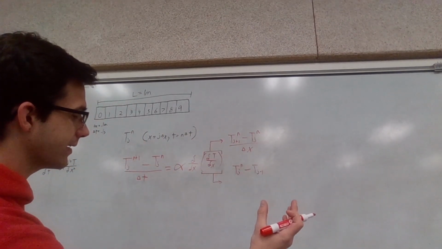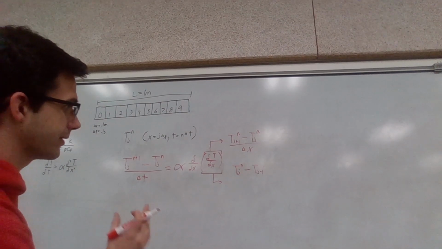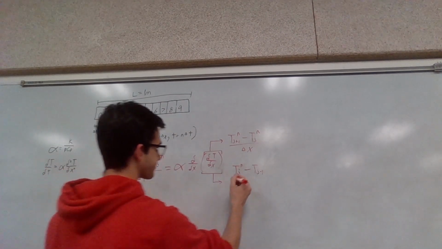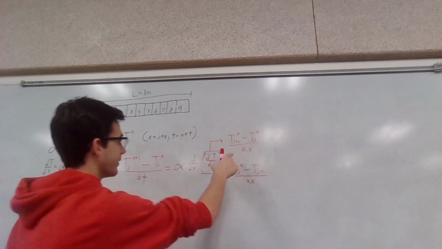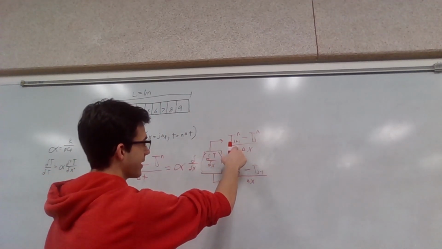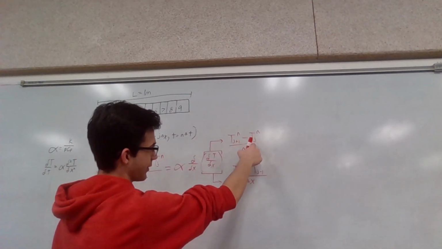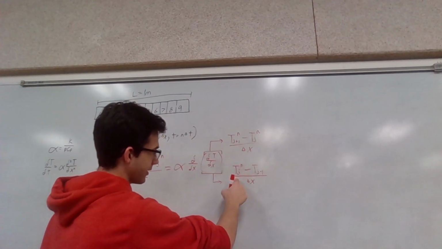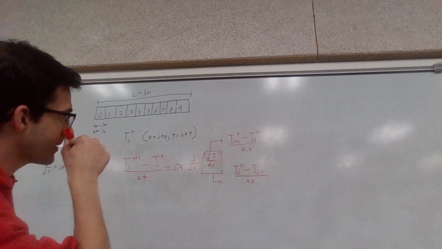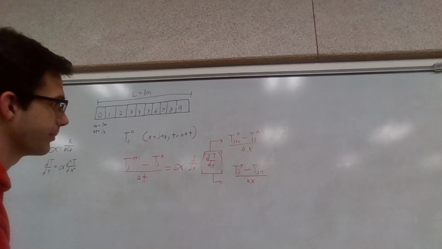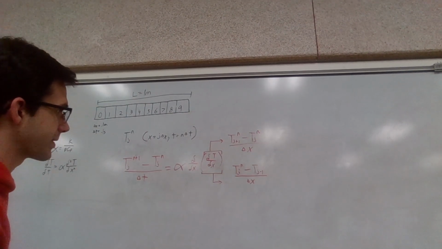So I have a T j minus my T j minus 1 over some delta x. Likewise, here I had one position to the right minus the position to the left of that one. This one I have the position to the right minus the position to the left of this one. So it's the same thing. It's just another way we can express this term, and it's describing the same thing.